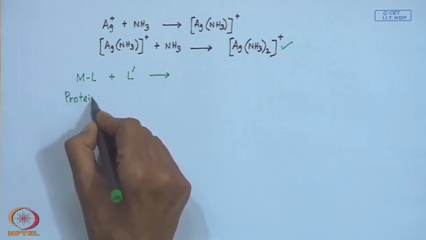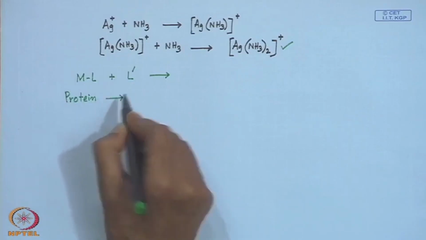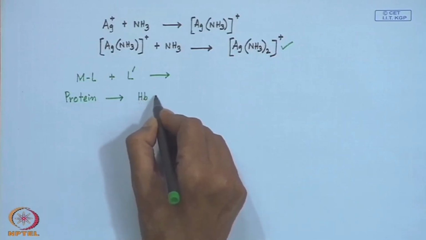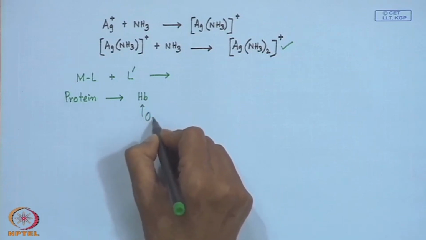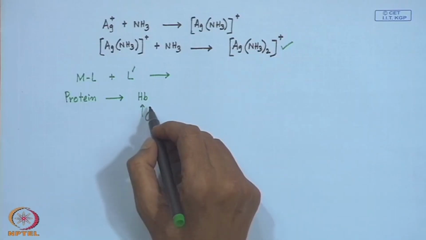One good example we will talk about in one of our future classes is the binding of hemoglobin during the oxygenation reaction, so O2 binding by the hemoglobin molecule.